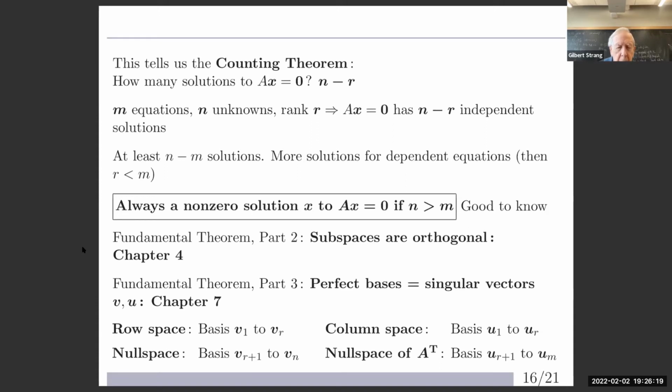Now, this is basic linear algebra about a matrix A. But now I want to jump to the end of the linear algebra course, which is about singular vectors and singular values. If you've studied linear algebra, you know about eigenvectors and eigenvalues.